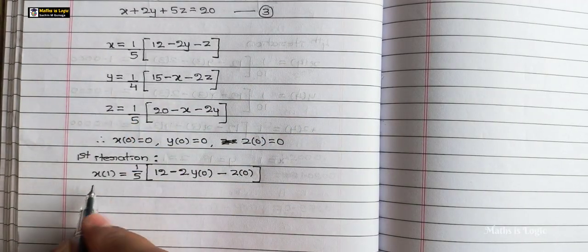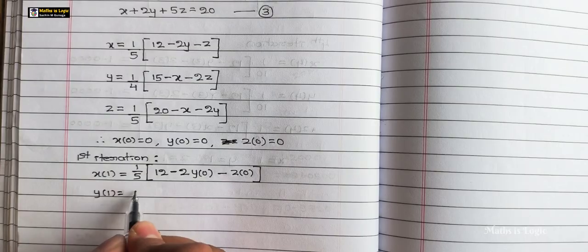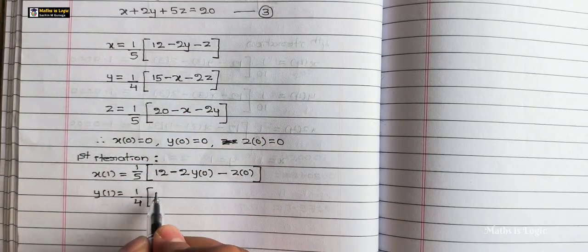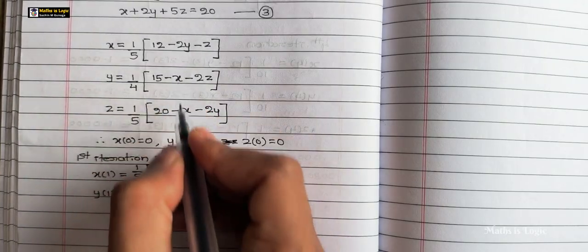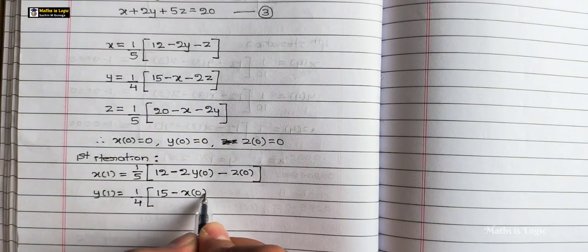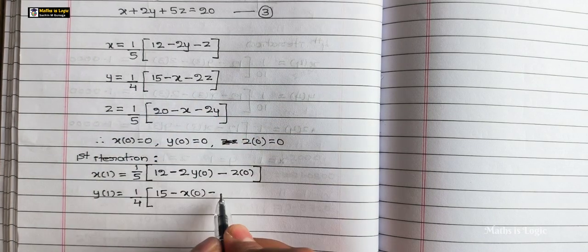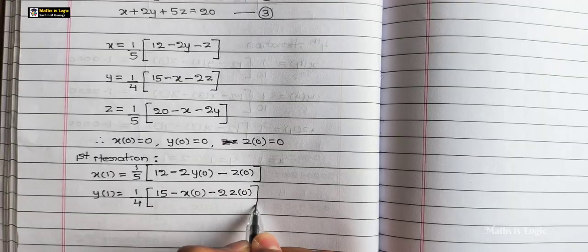Next, y of 1 is equal to 1 divided by 4 into bracket 15 minus x becomes x of 0 minus 2 into z becomes z of 0.